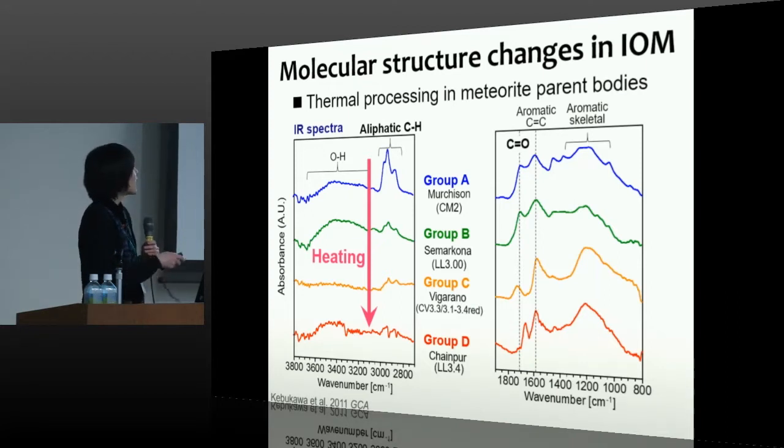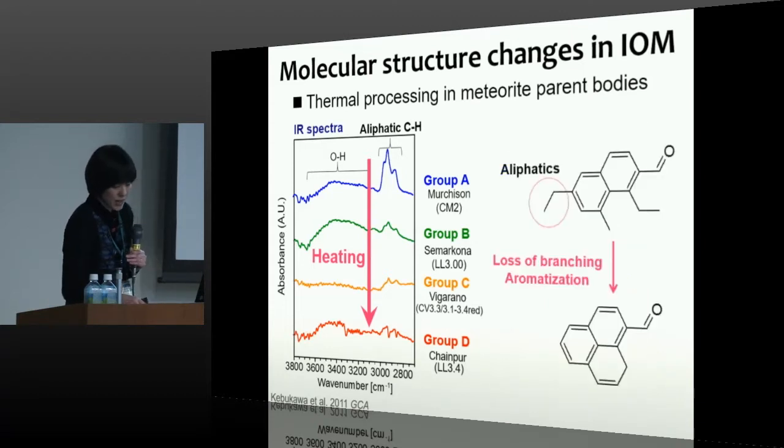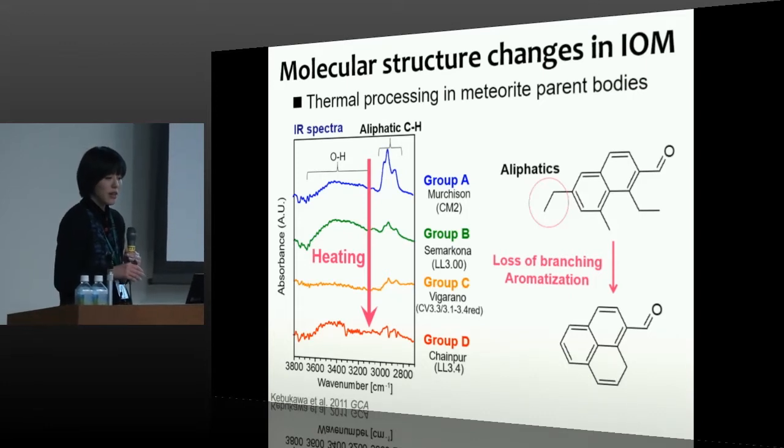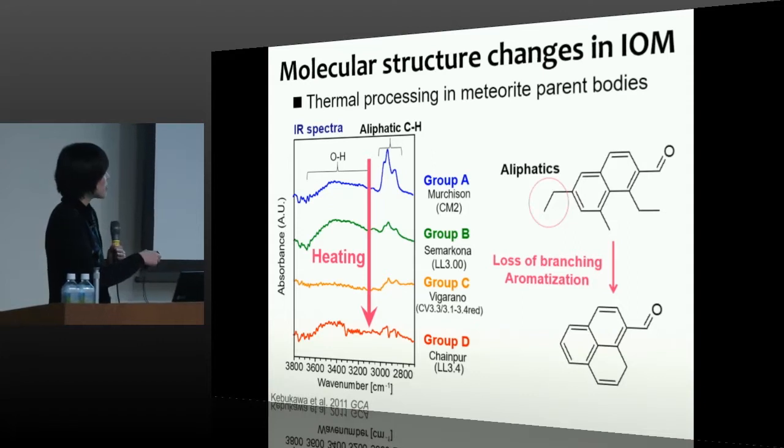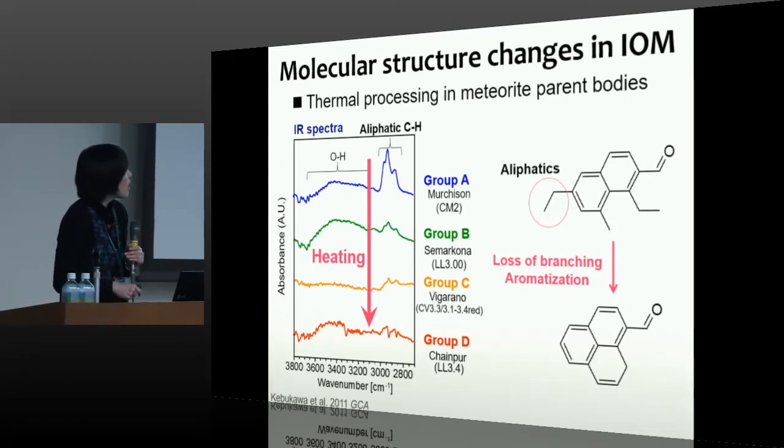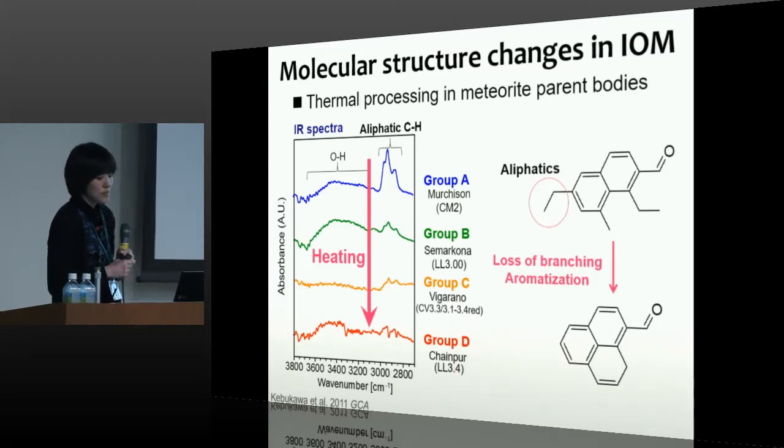For example, the aliphatic part decreases with heating, and also the carbonyl part decreases with heating. So this basically reflects the aromatization or loss of aliphatic branching, or this kind of carboxyl structure by heating.